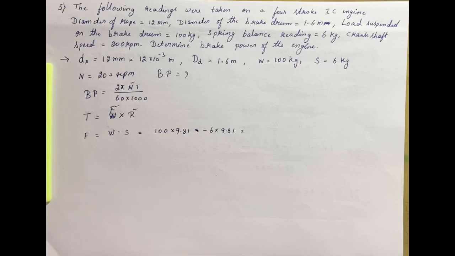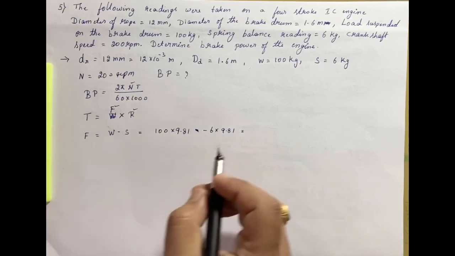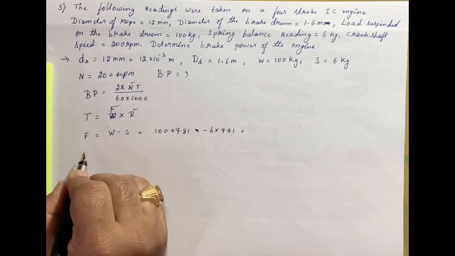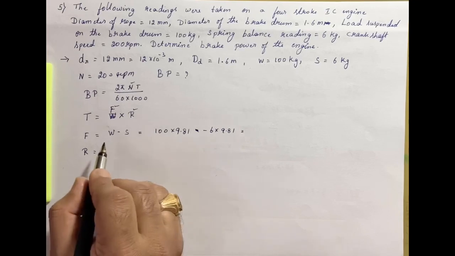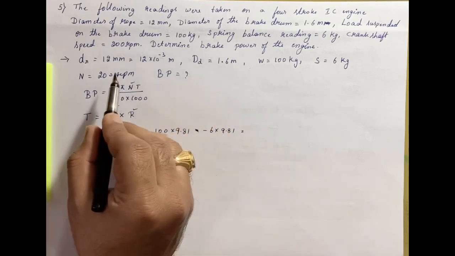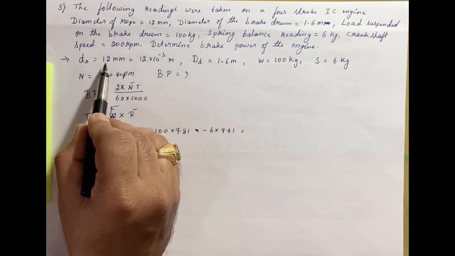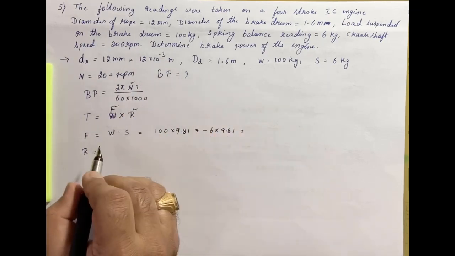Now just calculate that one. I don't want to calculate here, you just note it down. And then R is the effective radius there. Effective radius is the radius of the rope plus radius of the brake drum.